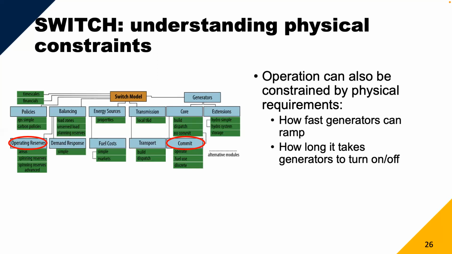So hydro has an extension here for a couple of reasons, and I'll talk about that in a second. All of the generators here are at an individual generator-by-generator level.